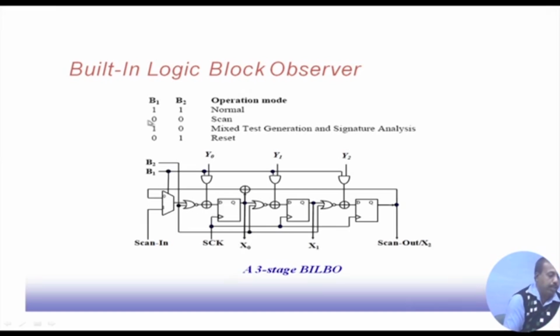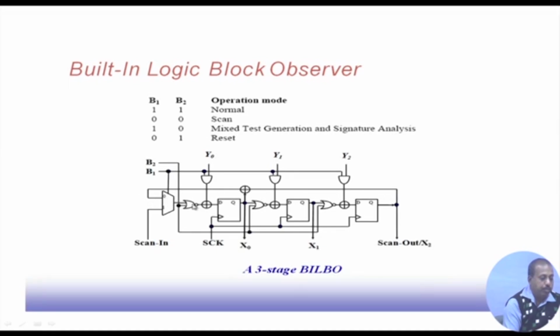Next, if we have both of them as 0, B1 and B2 both 0, then this will be selecting this line. So, this line will be selecting this scan out or X2 line. So, that will be coming here, and this will come here. Both are 0.